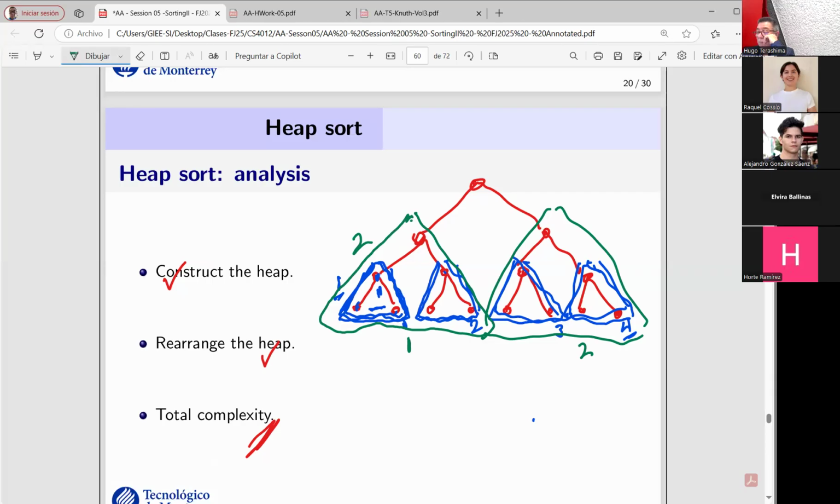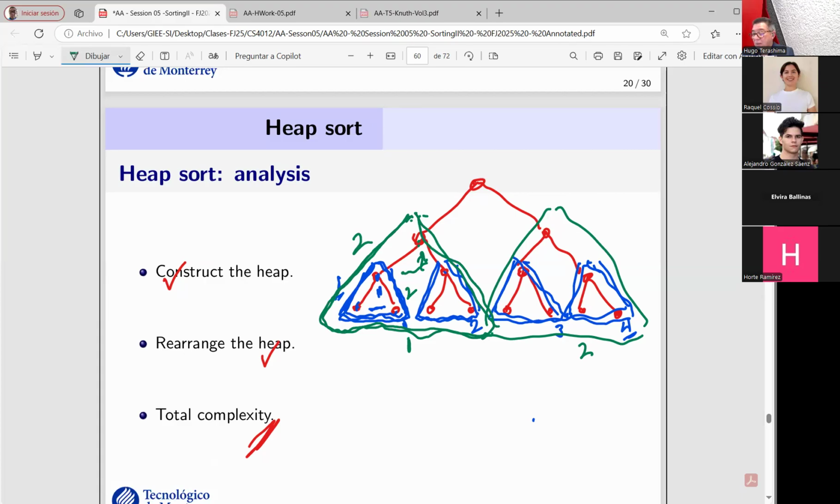6 comparisons? Here is 1 and 2. Okay. And then this one, in the worst case, is going to be in one of the leaves, right? So it's going to take 2 comparisons per level, in order to leave this tree in correct order, right?